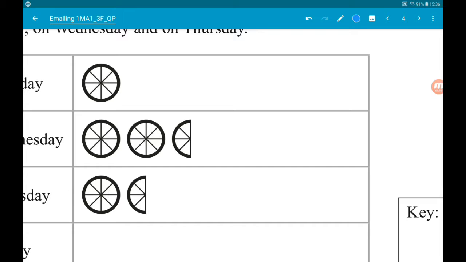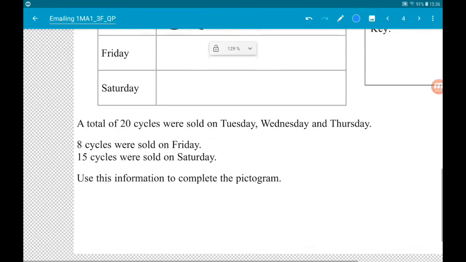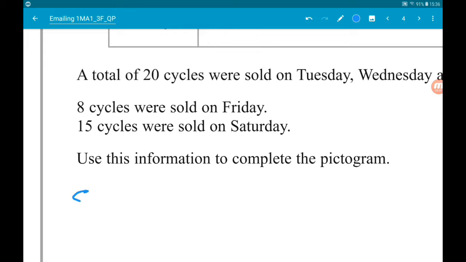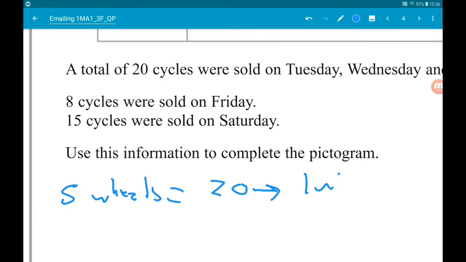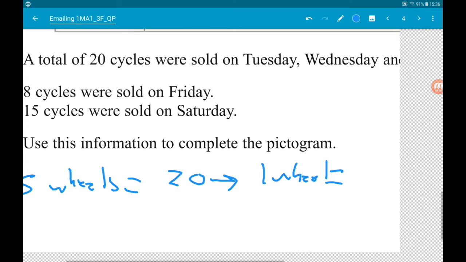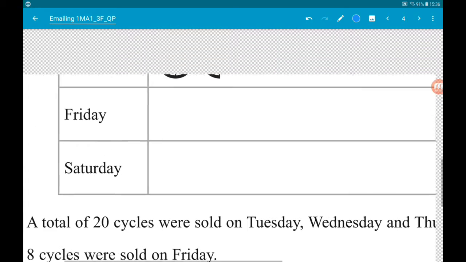So together, that's 5 whole wheels. So we know then that 5 wheels equal 20. So 1 wheel represents 4. So we need to put that in the key.